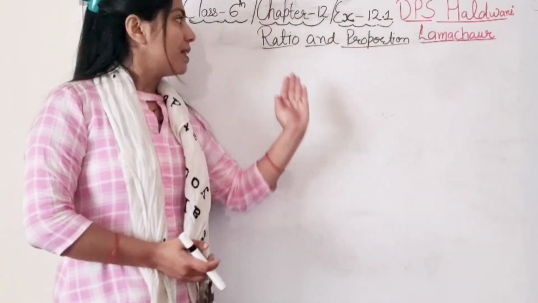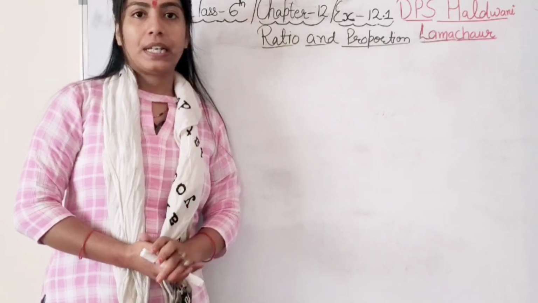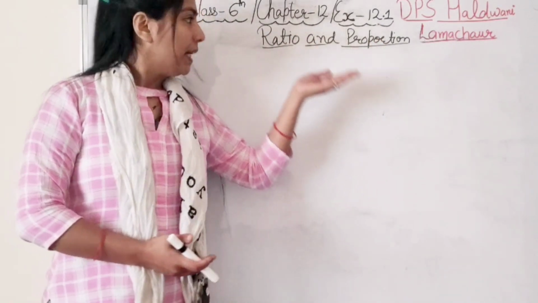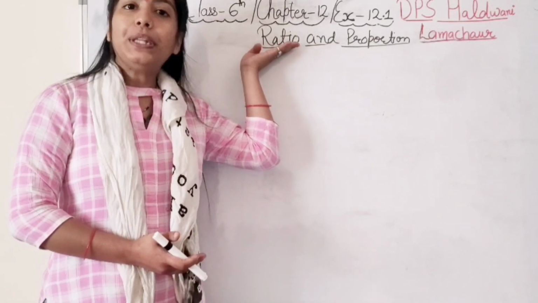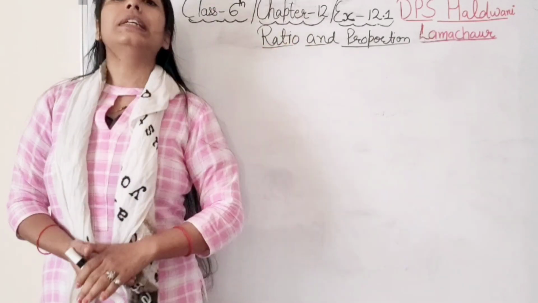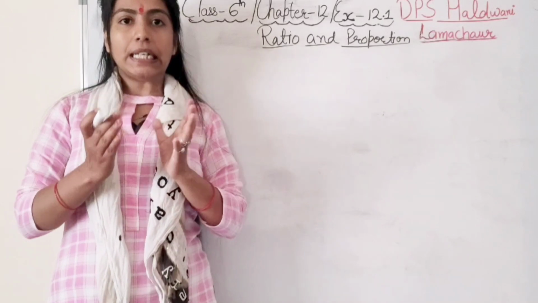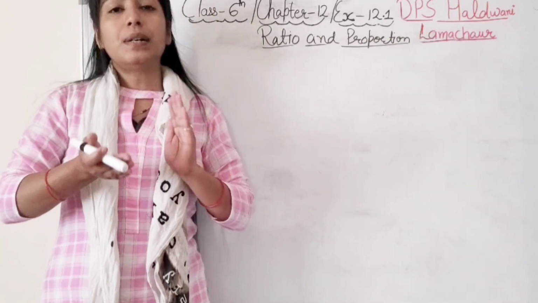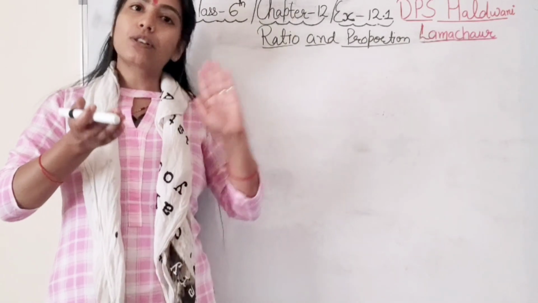See, as the name suggests, ratio and proportion. We will talk about proportion later on, but right now we are discussing the term ratio. Students, what is ratio? Basically, when we compare any two things, that is called the ratio.